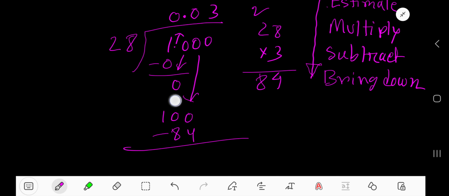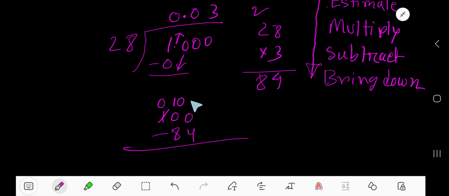Okay, subtraction. Learn subtraction from me. Ones column, tens column, hundreds column. If you need to borrow from the hundreds column, if you borrow 100 from this column, then you will have 0. 100 means 10 tens, right?